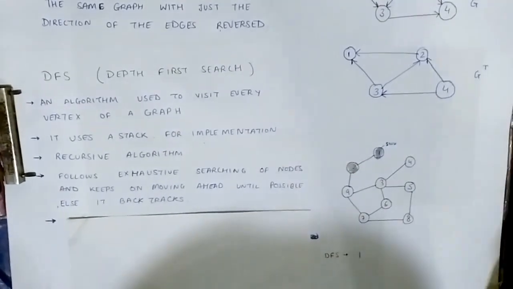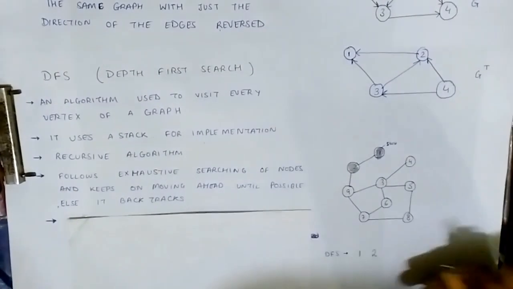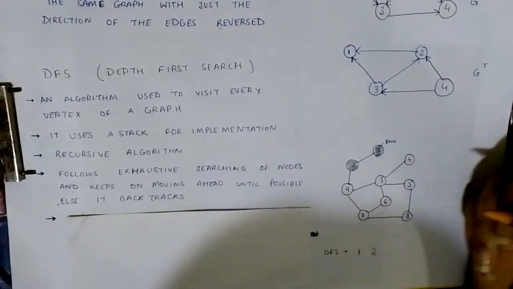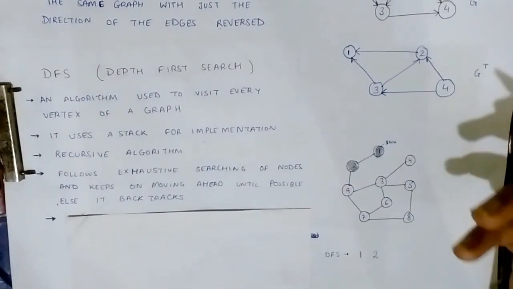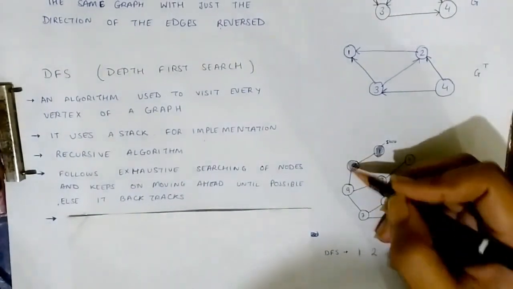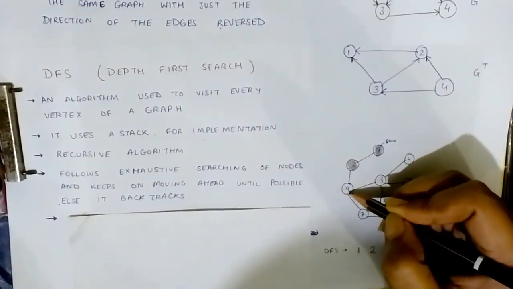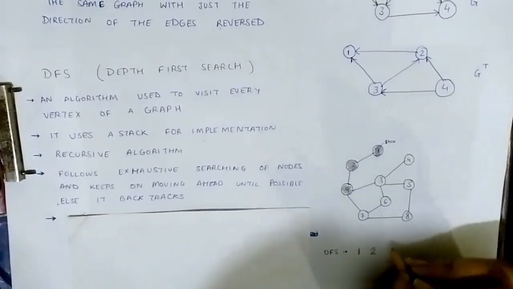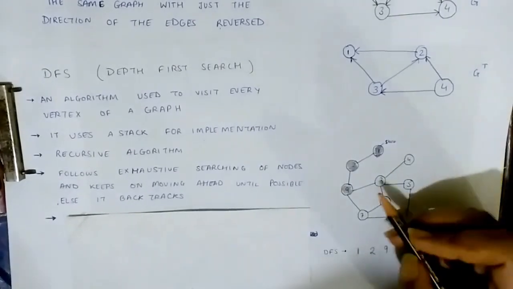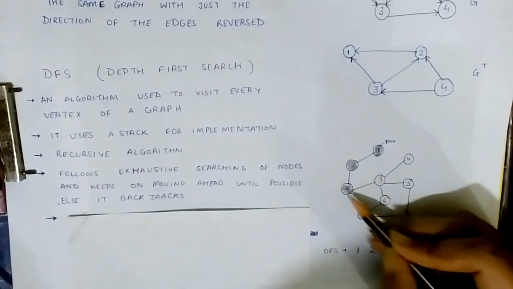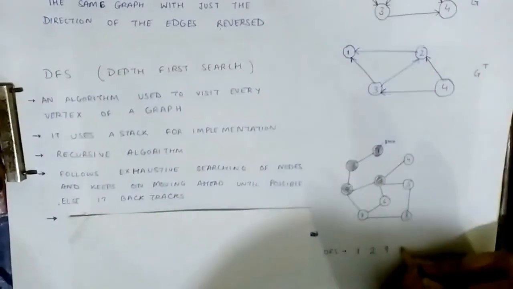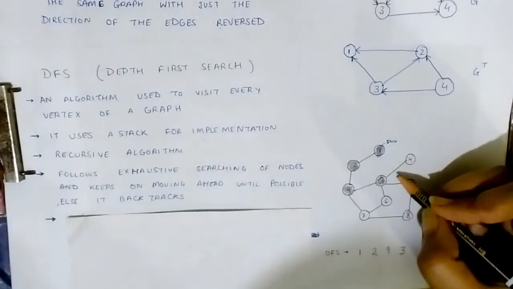We find unvisited vertices and keep on exploring until there are no other options, and then we backtrack one step. From 2 we have 9 as an unvisited vertex, so we'll mark it as visited. From 9 we can go to 3 or 7. Let's say we go to 3, we mark it as visited.